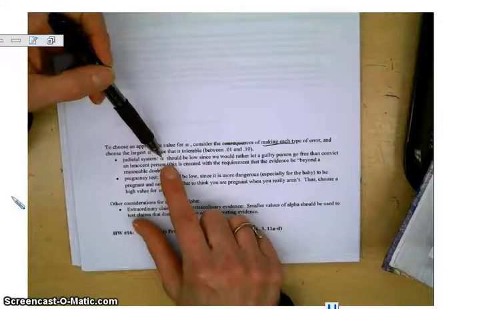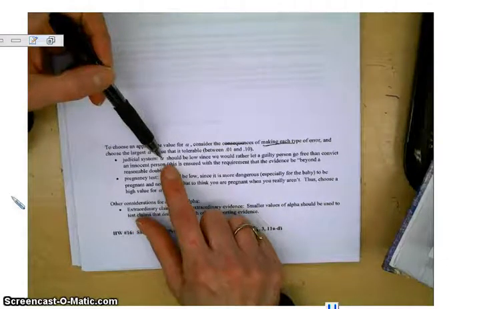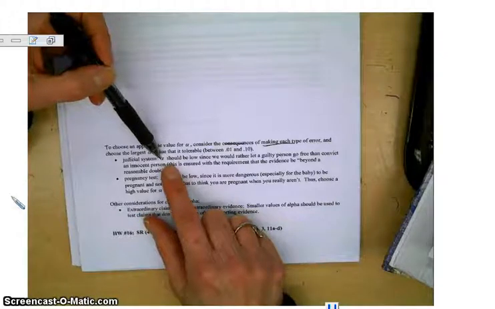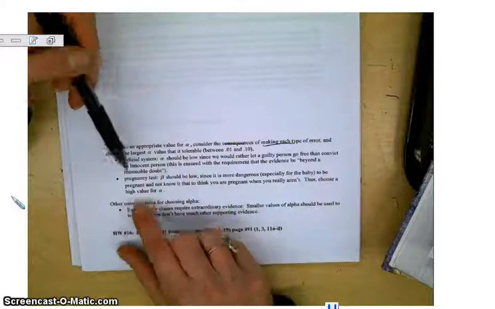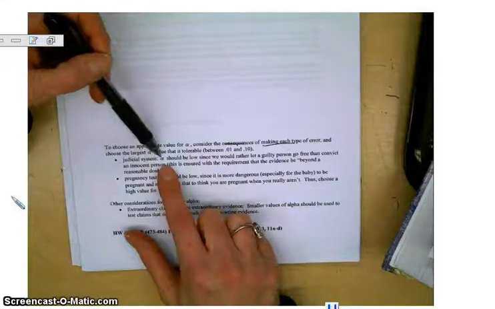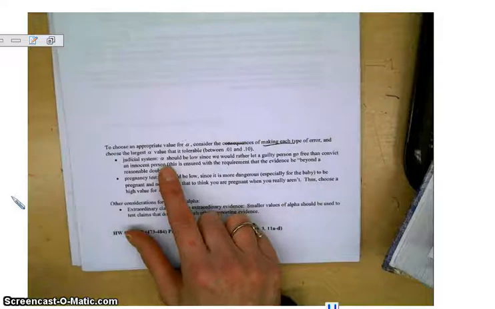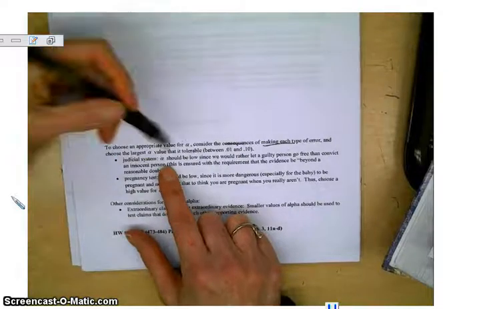We don't want to make a type 1 error, so we want the probability of that type 1 error to be super small, maybe 0.0001. You could make it really tiny. That's why they look for consensus among all the jurors. Everybody has to have the same thought, especially in high stakes cases.